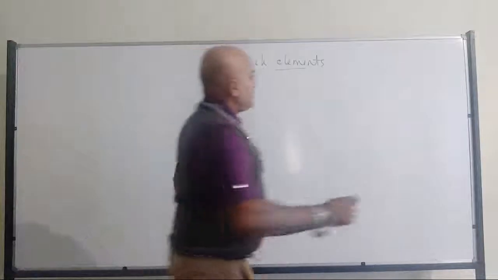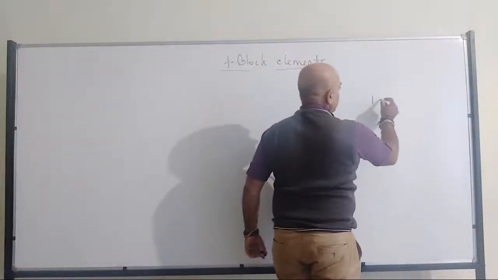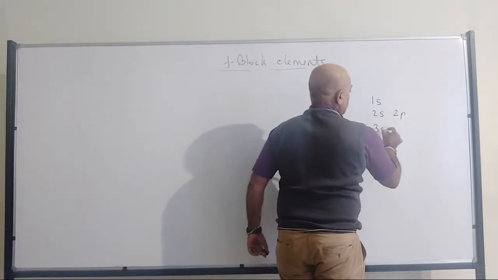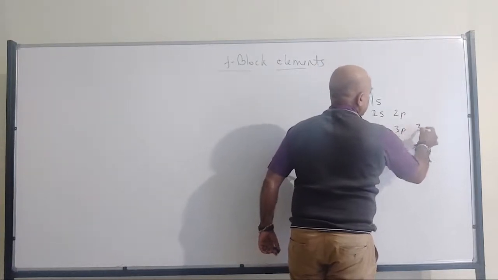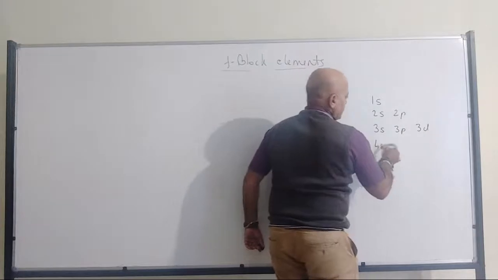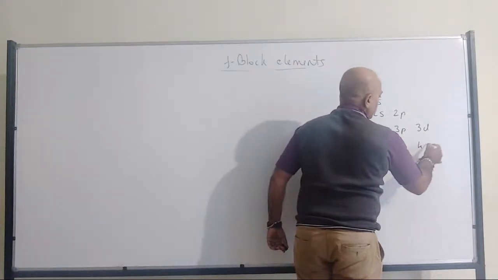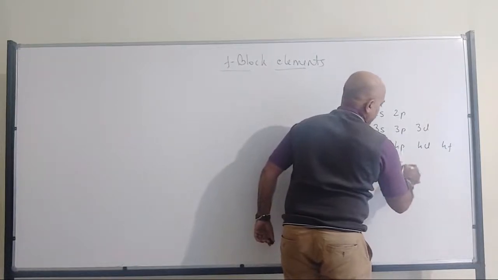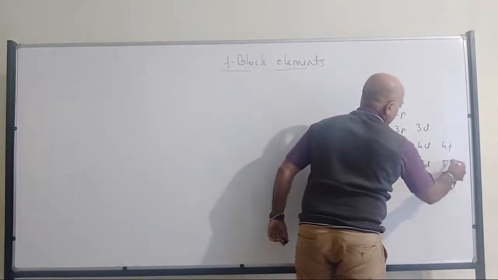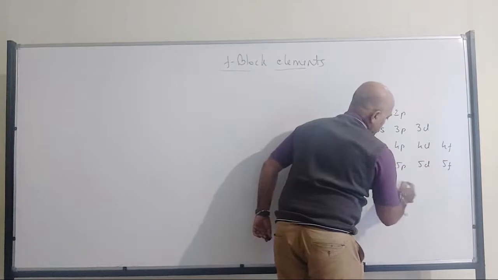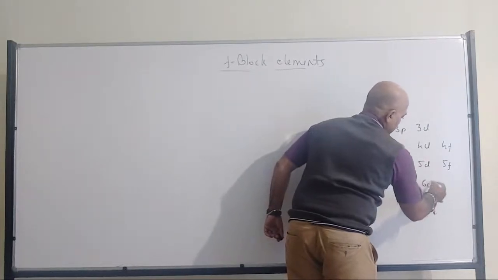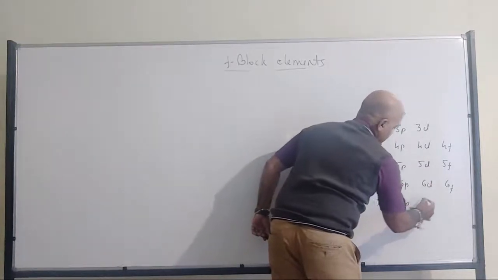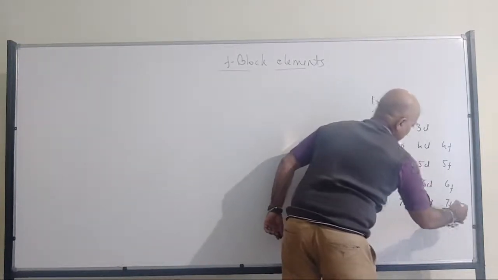Okay, so we will go with the Aufbau principle. 1s, 2s, 2p, 3s, 3p, 3d, 4s, 4p, 4d, 4f, 5s, 5p, 5d, 5f, 6s, 6p, 6d, 6f, 7s, 7p, 7d, 7f.